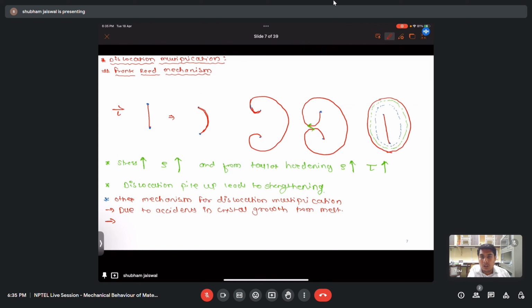The other mechanism is the homogeneous nucleation of dislocation. And the third one is the stress concentration that is taking place inside the material, which will also aid in the dislocation multiplication.